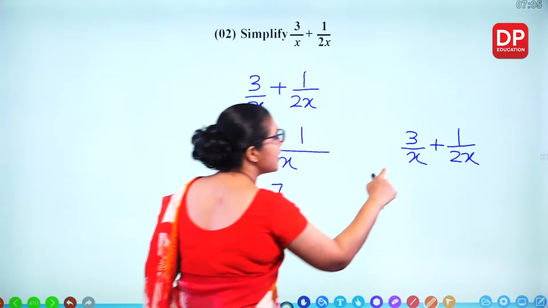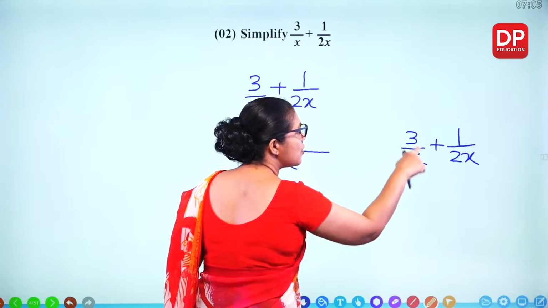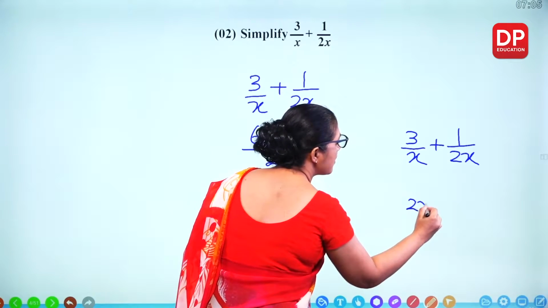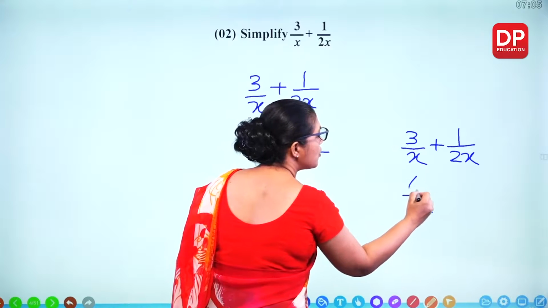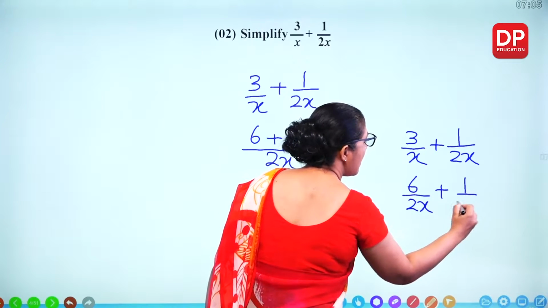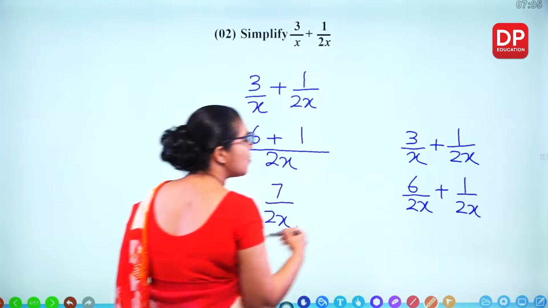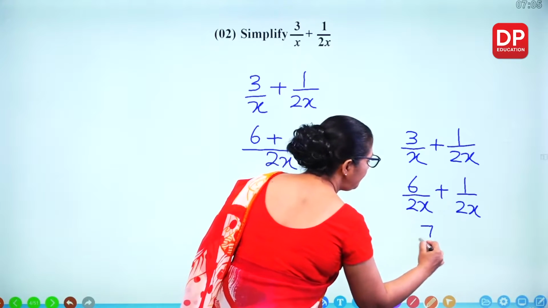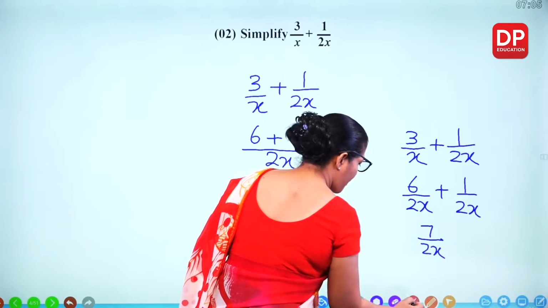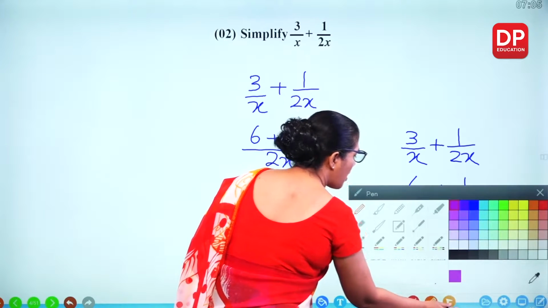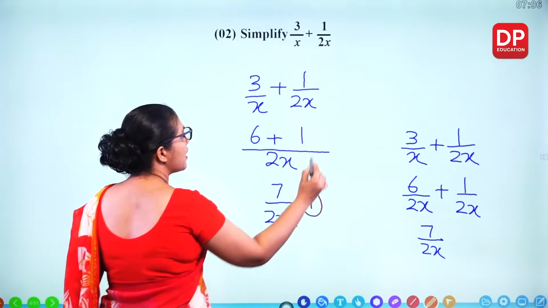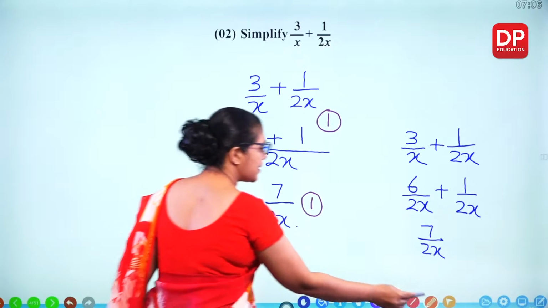You don't need to write again and again. Make sure that you convert this to 2x, that means multiply by 6, same denominator, you can add it. Two marks for that. 1 mark for the answer and 1 mark for the method.